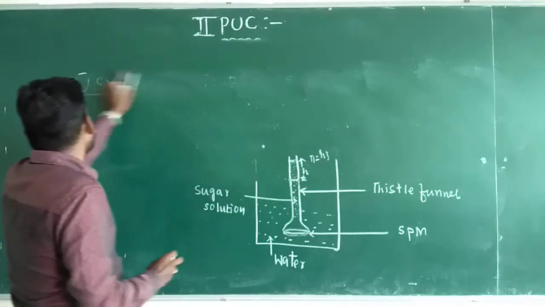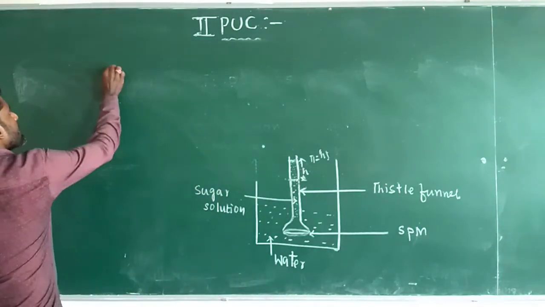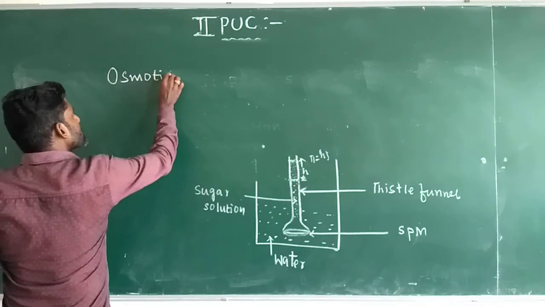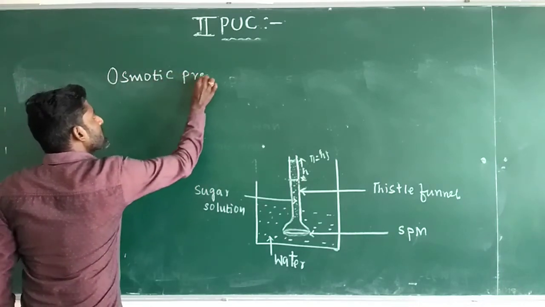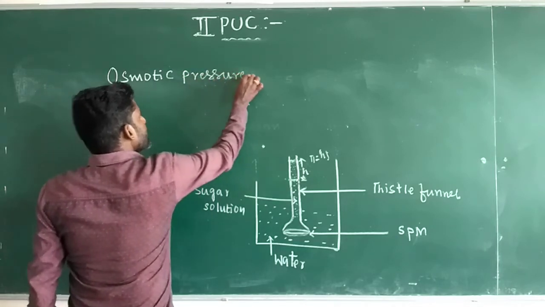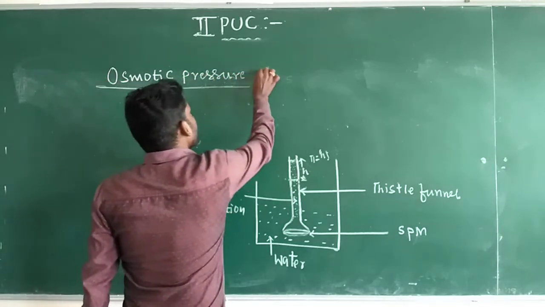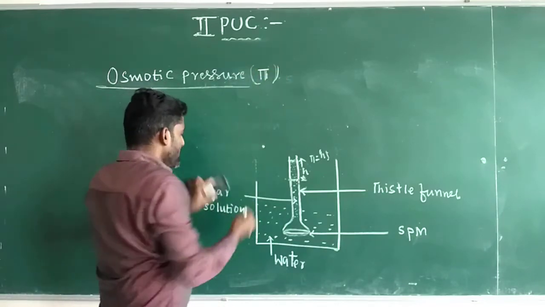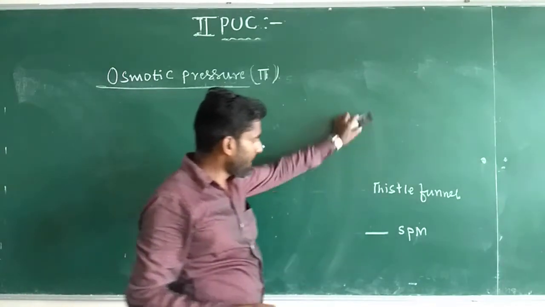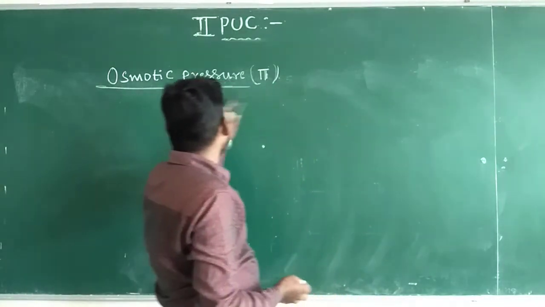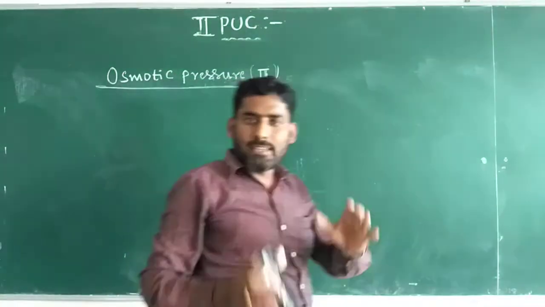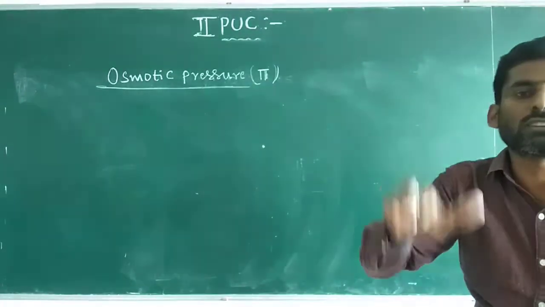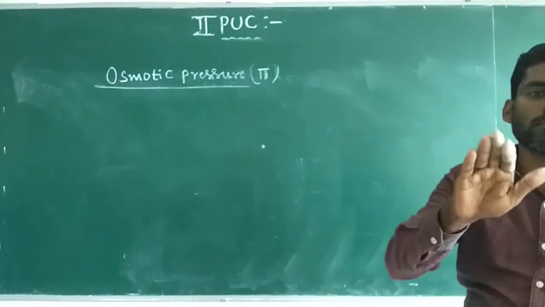Next, osmotic pressure. It is a colligative property denoted by pi. Osmotic pressure is nothing but the external pressure which is applied on the solution to prevent the process of osmosis.